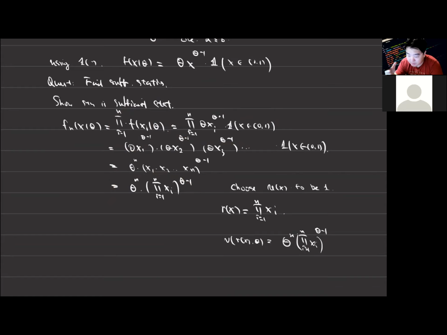The theorem tells you all the conditions of the moving pieces, the mu, the nu, the r of x, that sort of thing, and it comes with its own premise. The premise is mu cannot be dependent on theta. That's a mistake I made in the beginning. I somehow wrote theta in there, so that's wrong. It should just be 1. It may or may not depend on x, that's okay, but on theta, it can't.